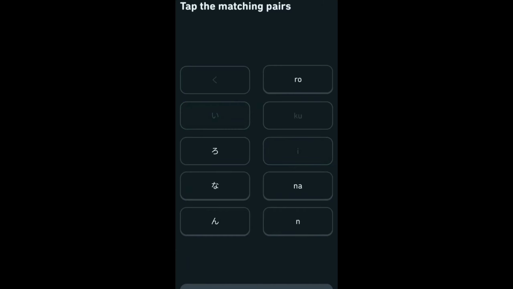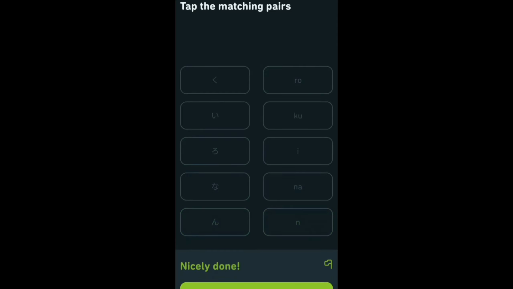This one's called ro. And then the next one is na. The last one is, that's right, n. So we've covered n and ku and ro. And also e.